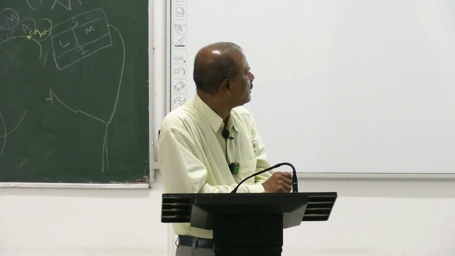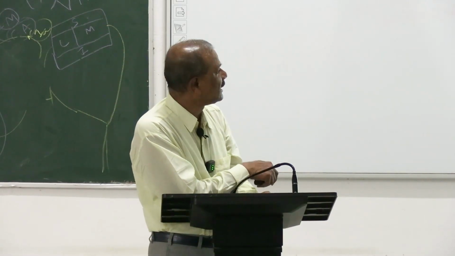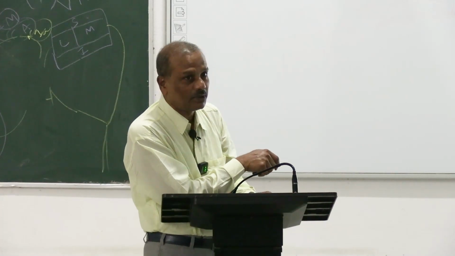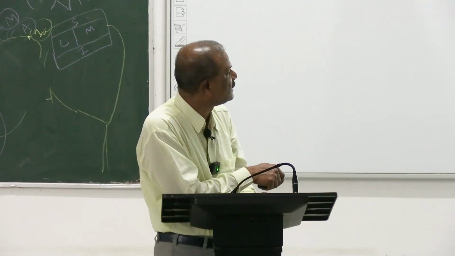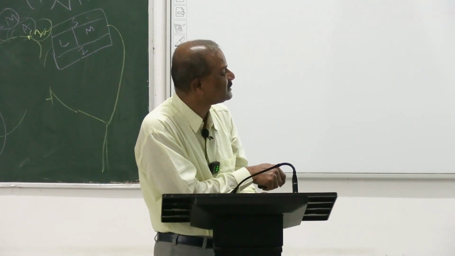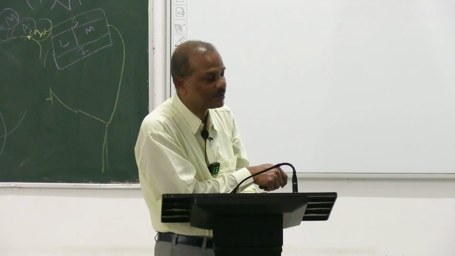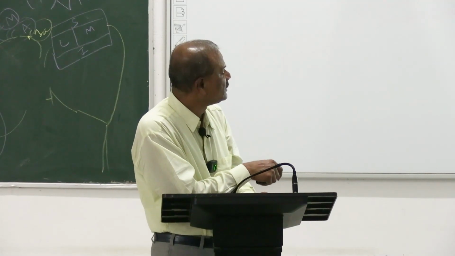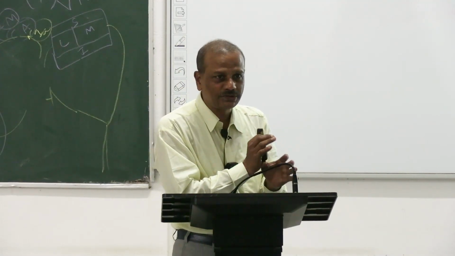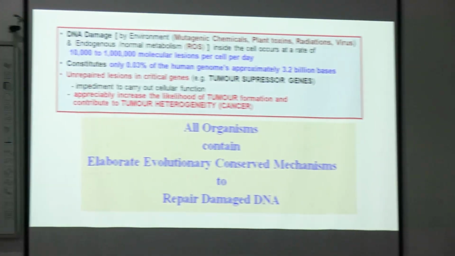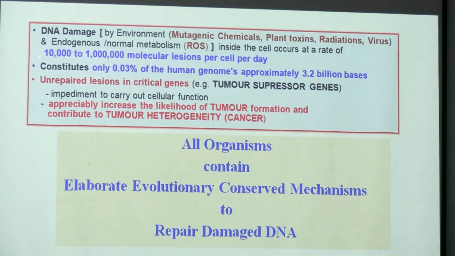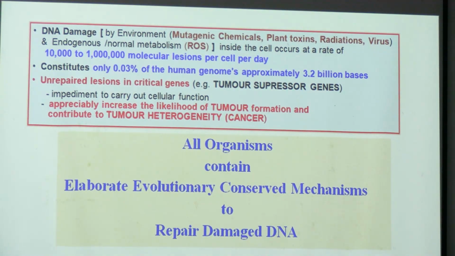Next. DNA damage: as I told in the beginning, we are exposed to mutagenic chemicals, plant toxins, radiations, even oncogenic viruses. Through endogenous metabolism, we produce reactive oxygen species, which also damage DNA. The DNA damage is about 10,000 to 1 lakh molecular lesions per cell per day.